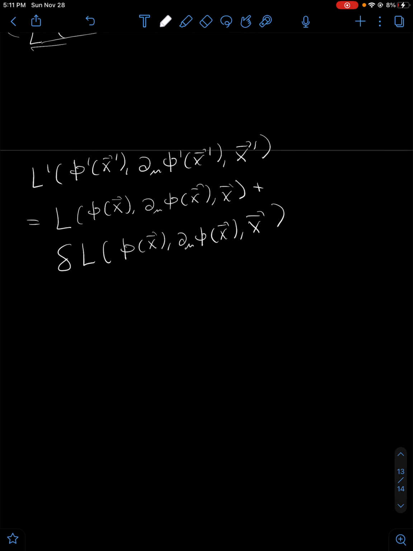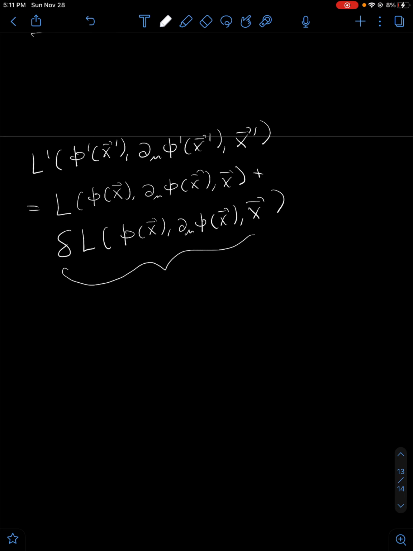Okay, so now let's actually find out what this is going to be, because this is a function of all these things, and it's an infinitesimal function. So we can just use the chain rule.